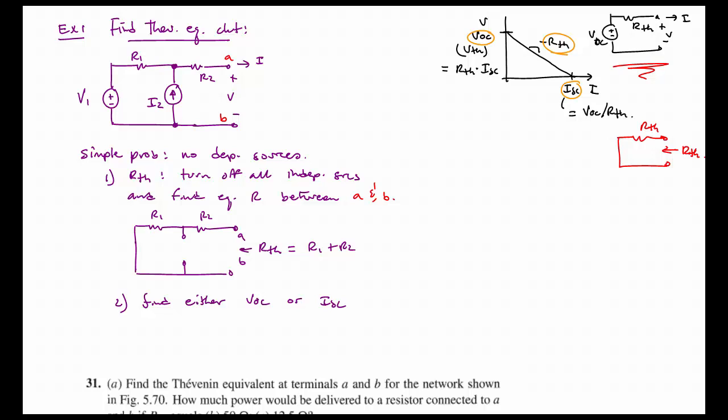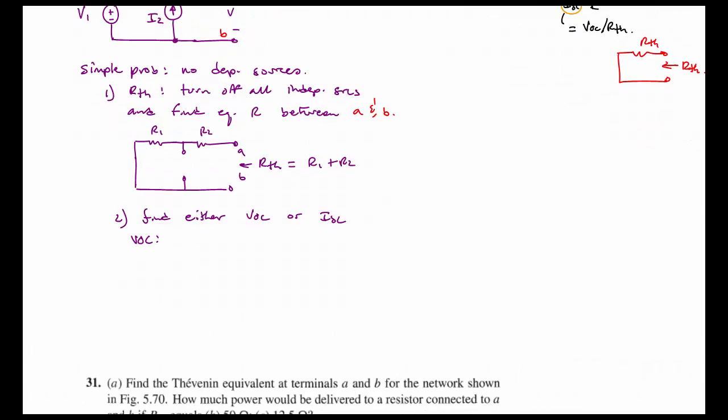Okay, I see simplicity in finding the open circuit voltage. If I look for the open circuit voltage, then I have no I, right? This I here is going to be 0, which means if there's no I flowing through R2, there's no voltage drop across R2. Let me go ahead and draw this for clarity here.